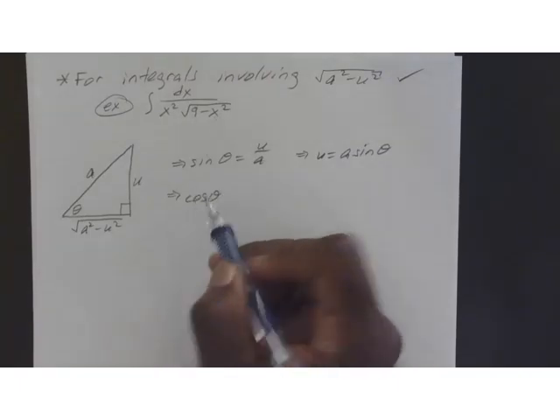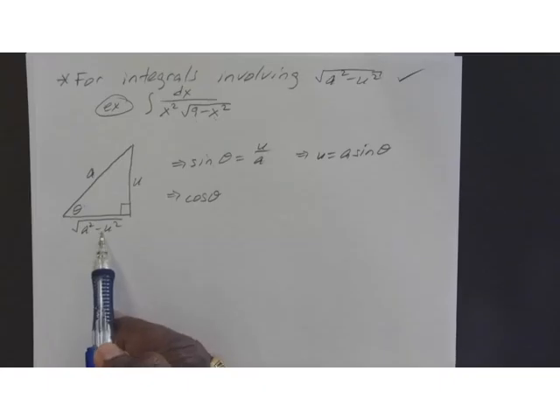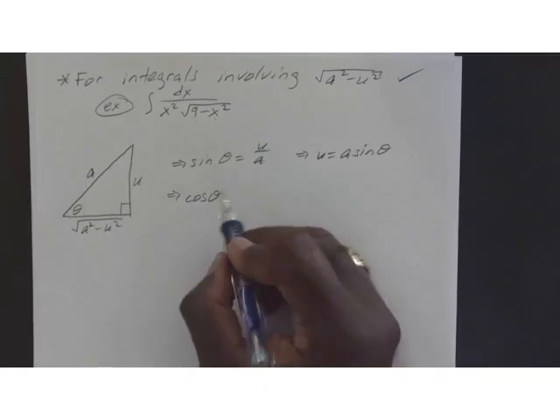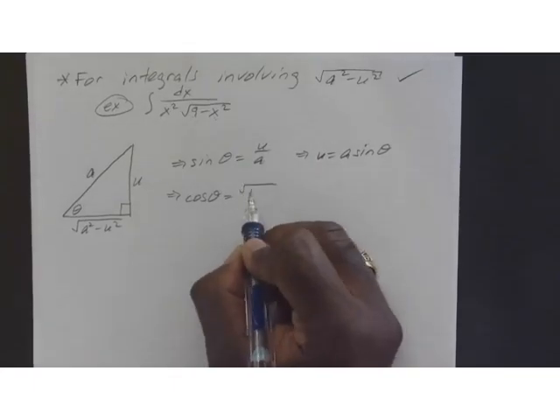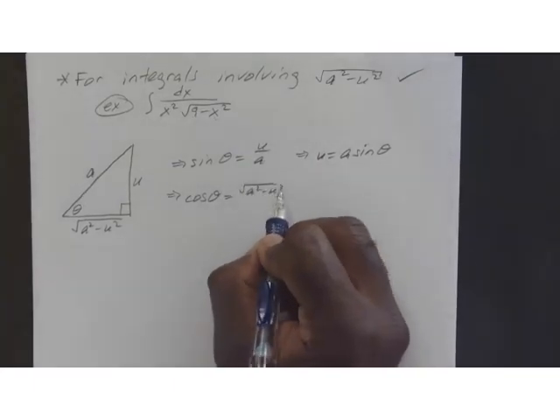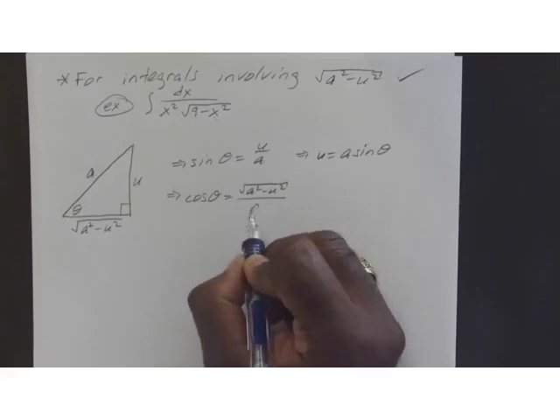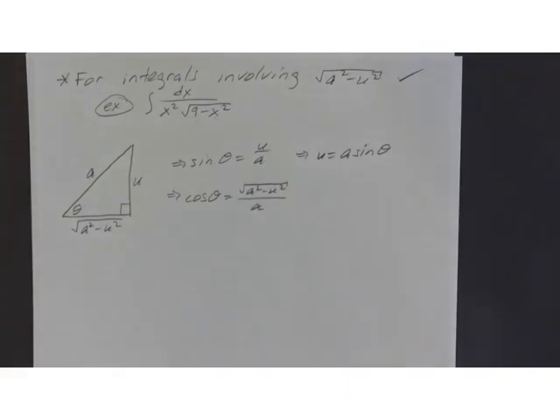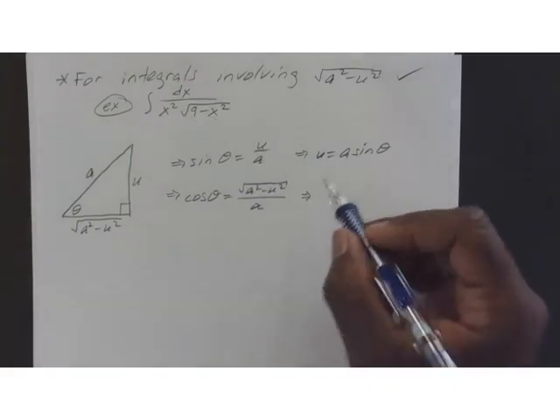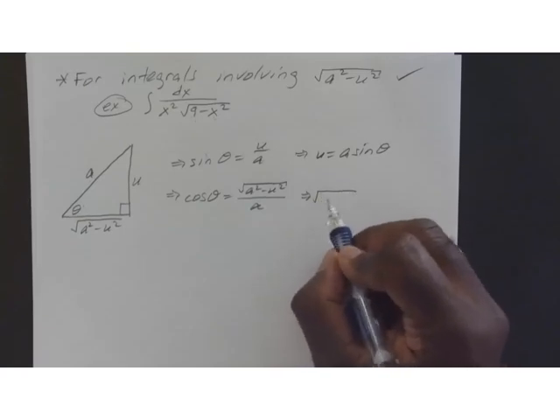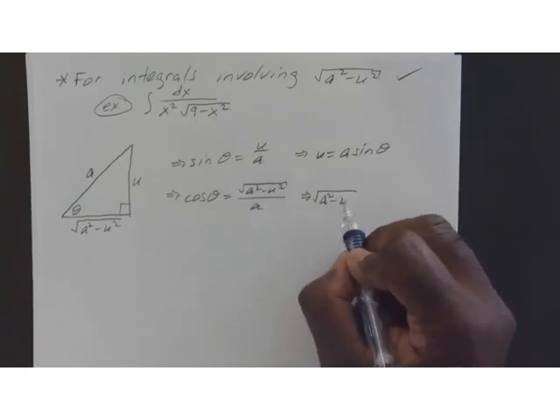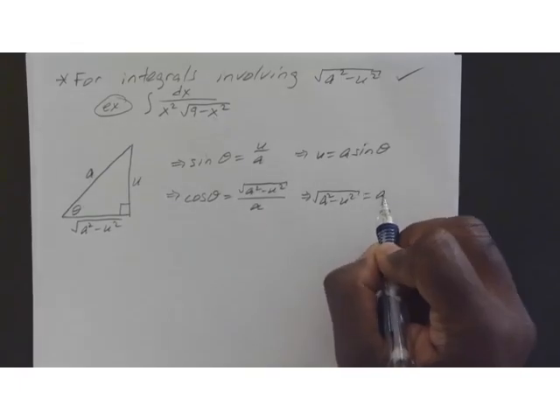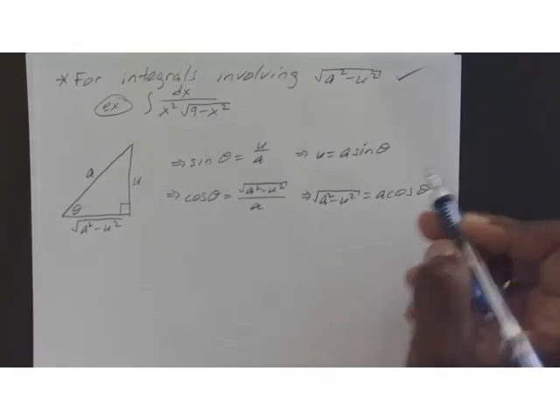We know that cosine is adjacent over hypotenuse, so the adjacent is the square root of a squared minus u squared divided by a. So if we multiply both sides by a again, we get the square root of a squared minus u squared is equal to a times cosine of theta.